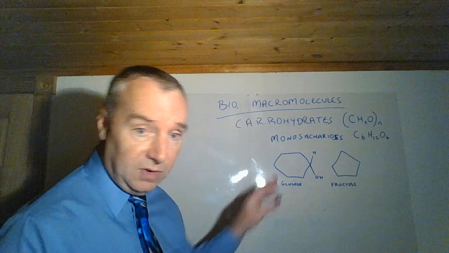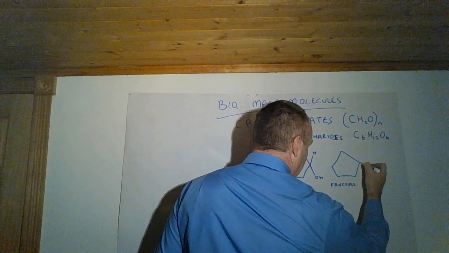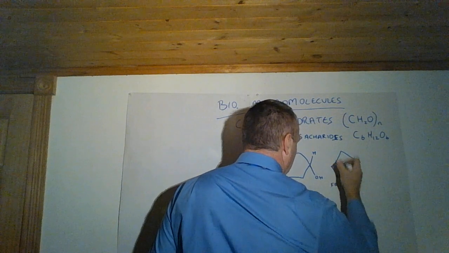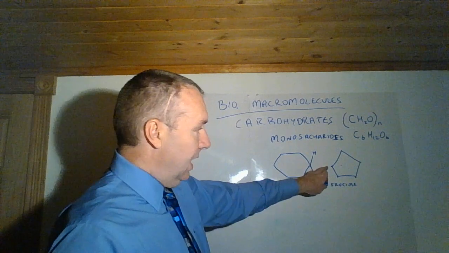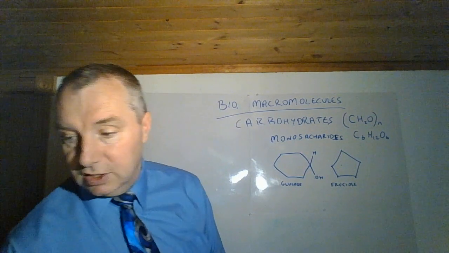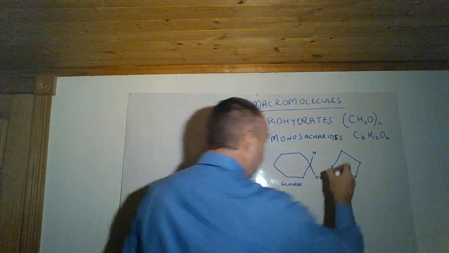So you can see there's 5 carbons, 5 different points. Carbons are at each little point here. And it also has a hydrogen and an oxygen sticking out, and it's much the same.